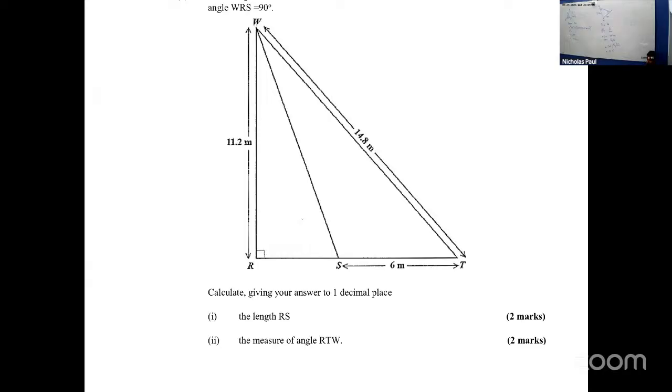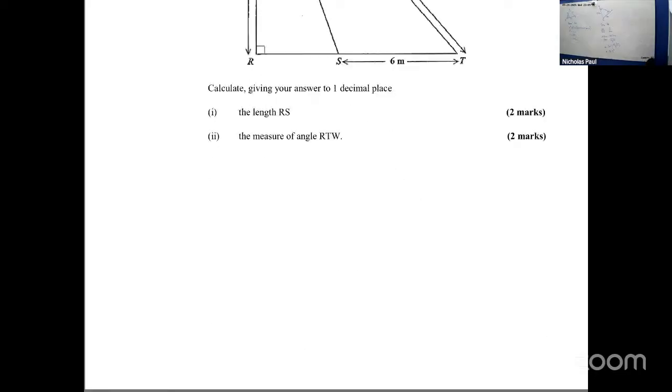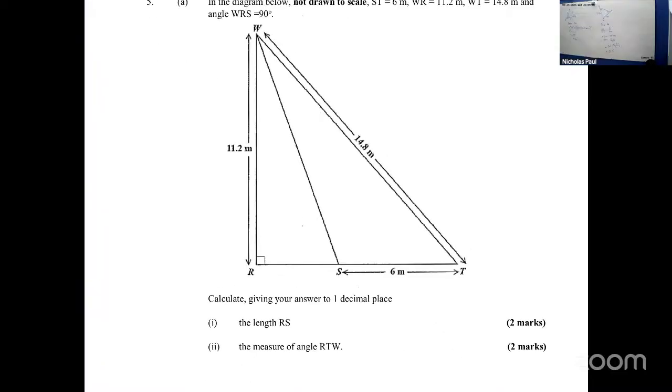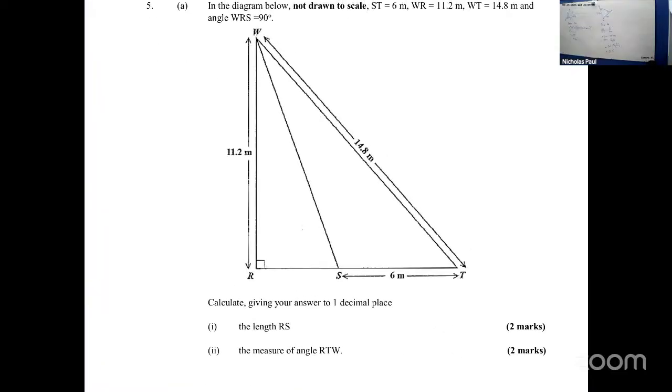Right, so if you look at the first one, they want you to get RS. In order to get RS, we have no angles except the triangle is 90.